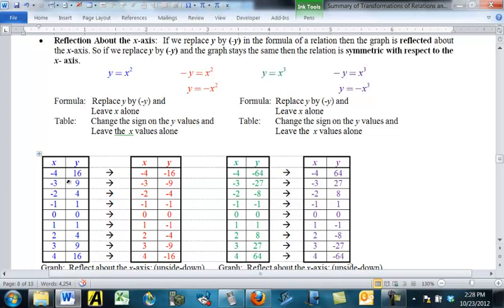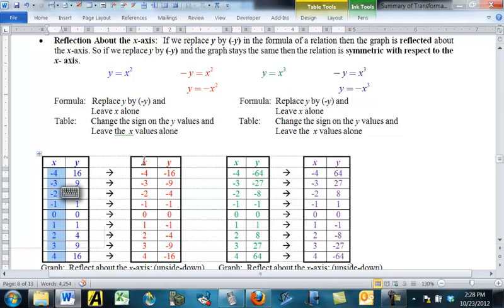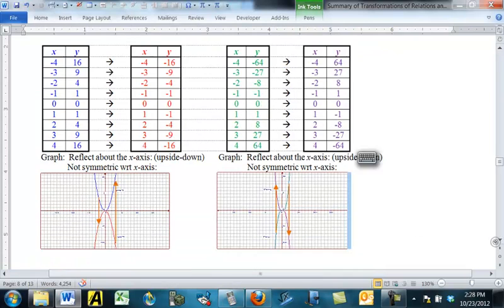They each change the sign, and they each undo each other. So either way we go, this time we're leaving the x alone, so it stays the same, and we change the sign on y. On the red one, that gives us a different table, and that's going to be a flip over the x-axis. That arrow is actually upside down.